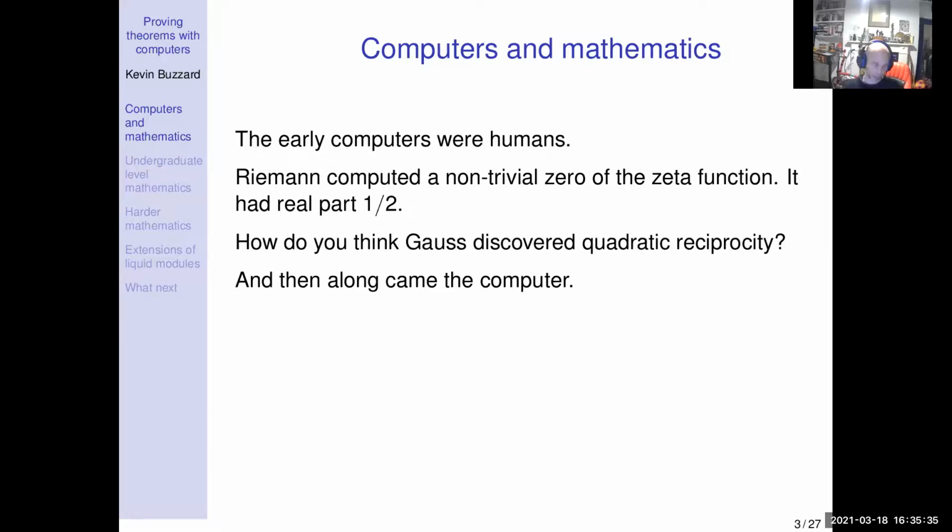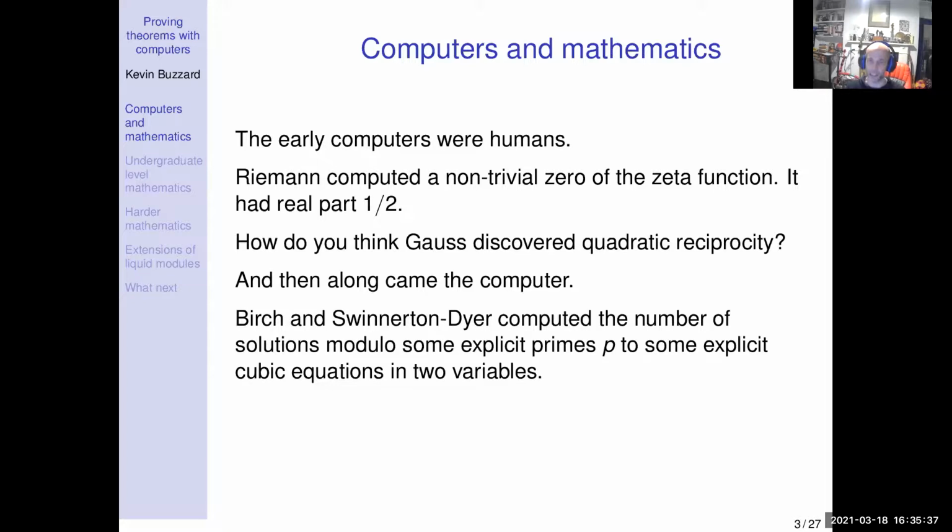So then along came the computer, and computers could do computations more efficiently. And so, for example, Birch and Swinnerton-Dyer took an awful lot of elliptic curves, plane cubic equations, and computed the number of solutions to these equations modulo all primes p less than 1,000, because they had this computer, the size of a large room, accessible to them, with a few kilobytes of memory, that ran incredibly slowly and ran on valves.